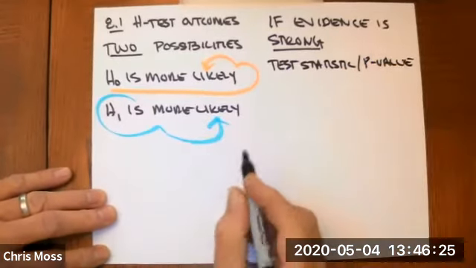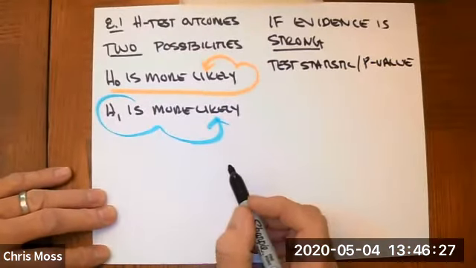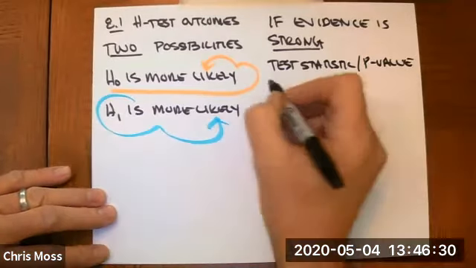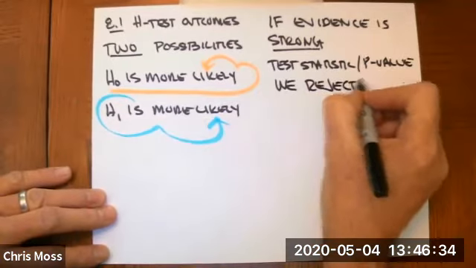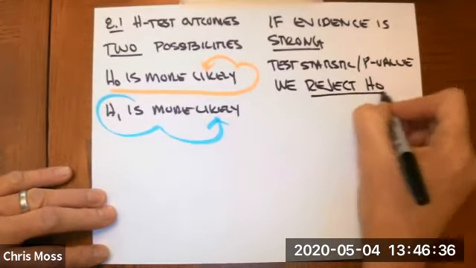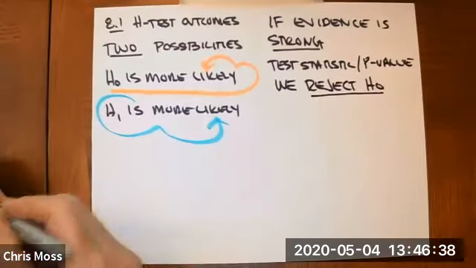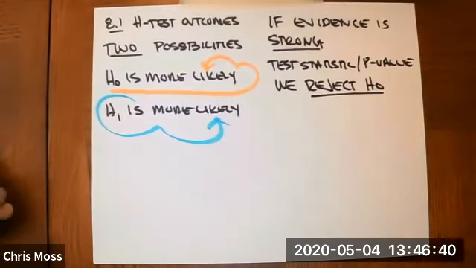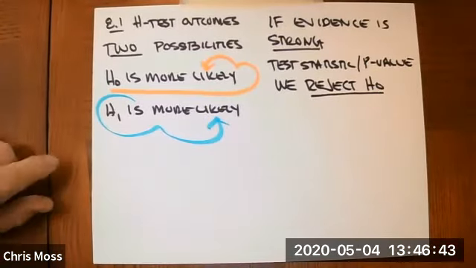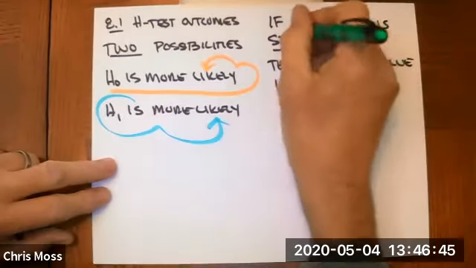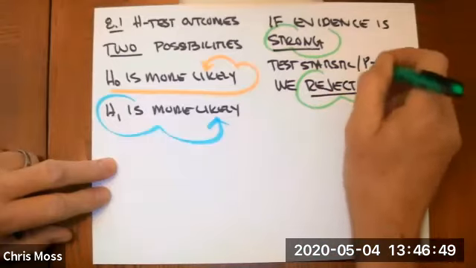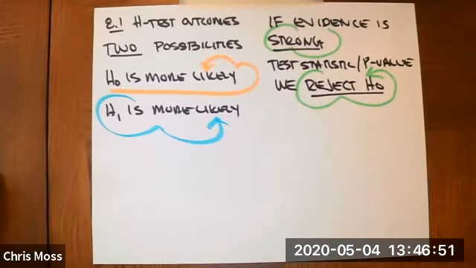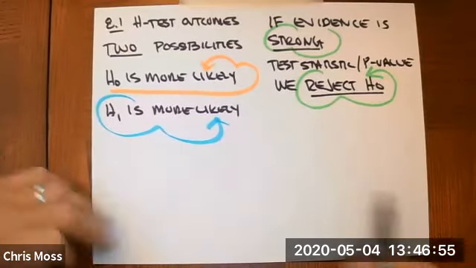If that's the case, then we reject the null hypothesis. So let me really emphasize that. When evidence is strong, we dismiss the null hypothesis and will believe that the alternative is more likely to be correct.